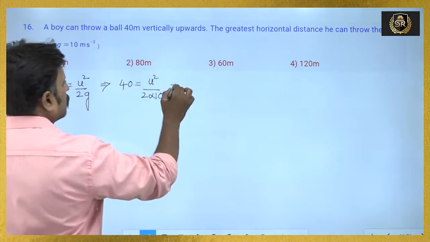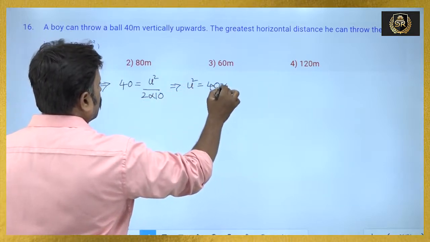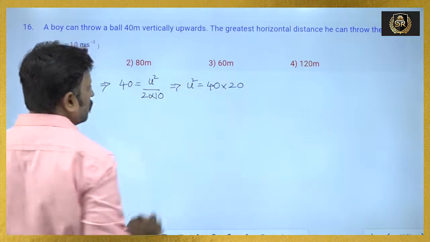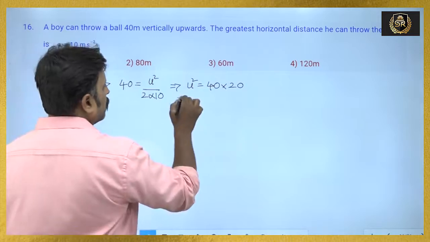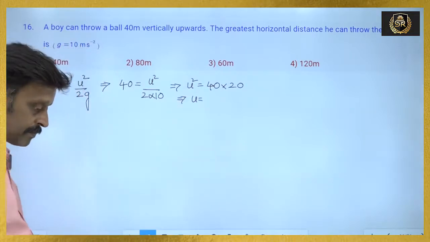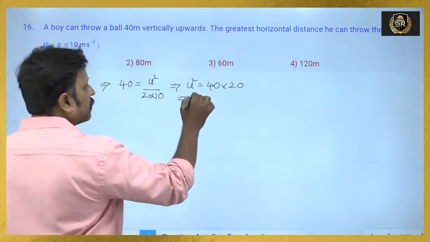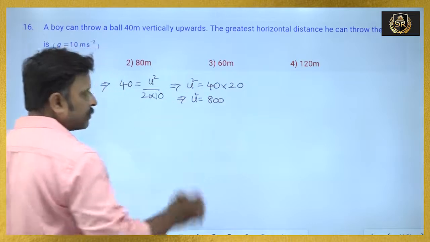From this, u square is equal to 40 into 20. So, what is the u value then? u square into 2, it is 800.